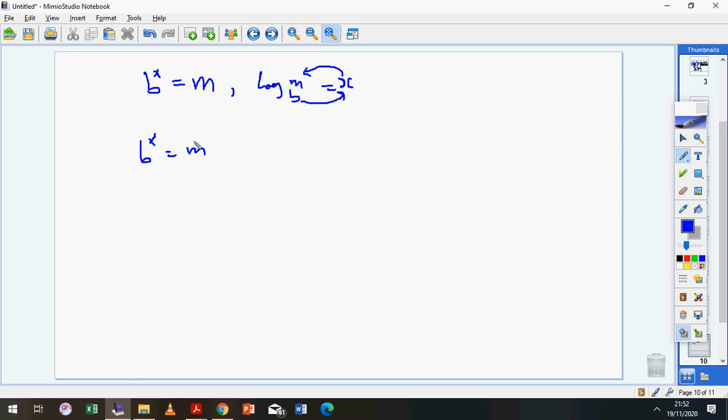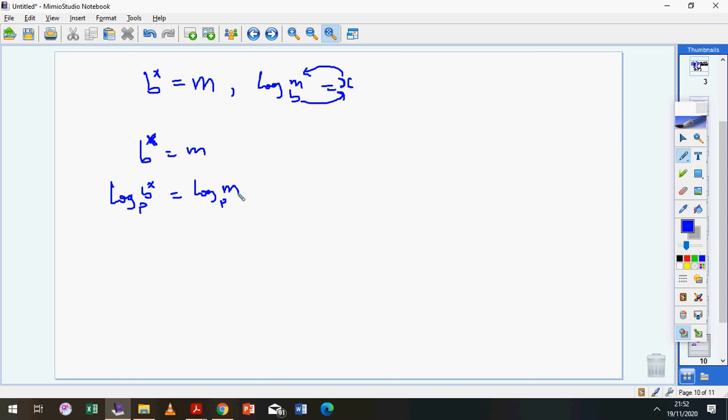I can introduce a logarithm to any base that I like. If I want to introduce a logarithm to base p, I can do that because I choose p. Logarithm to the base p, b to the power x is equal to logarithm to the base p, m.